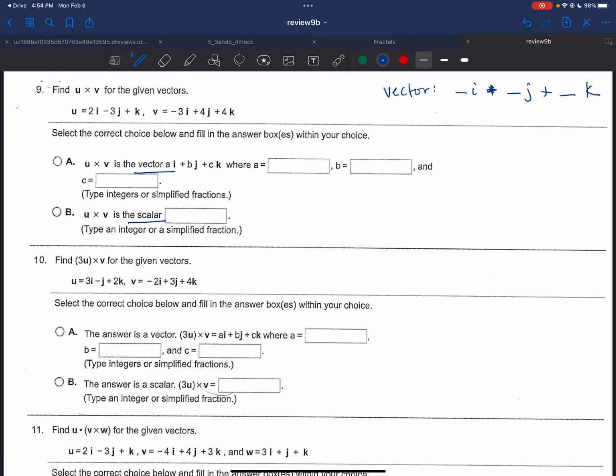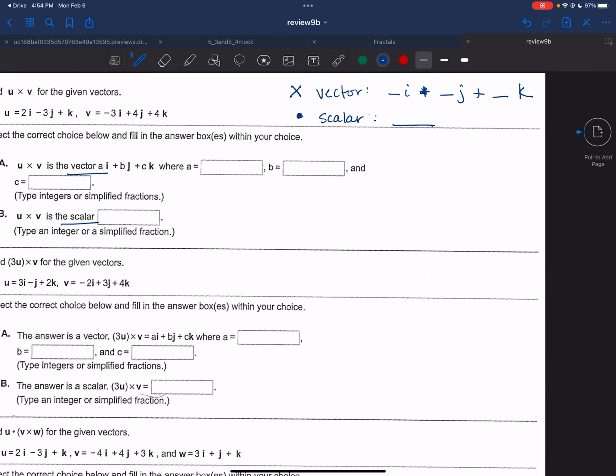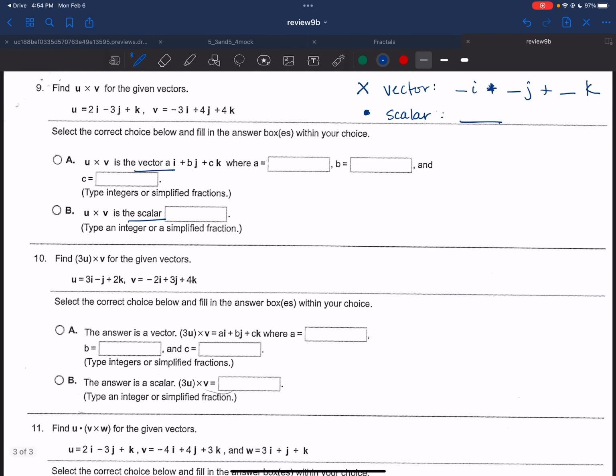So vector is a cross product, a scalar is a dot product. With a scalar we are going to get just one value because we multiply all the i's together and then come up with something, multiply the j's together, multiply the k's together. So if we have u cross v, this is just a standard cross product, so it's going to be a vector.